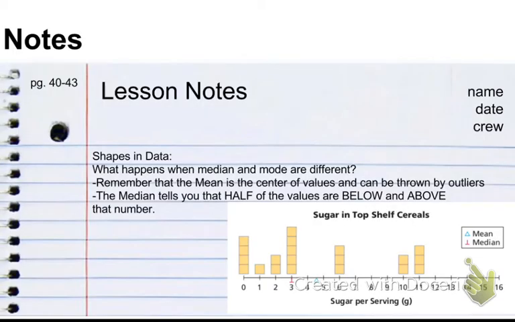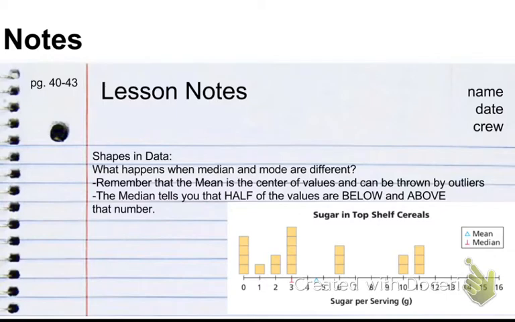All right. First thing, shapes in data. We have a question here, and the question is, what happens when the median and the mode are different values? Remember that the mean is the center value, and that it can be thrown off by outliers. We can have a number that's way off one way or the other, and it will completely throw off our data.